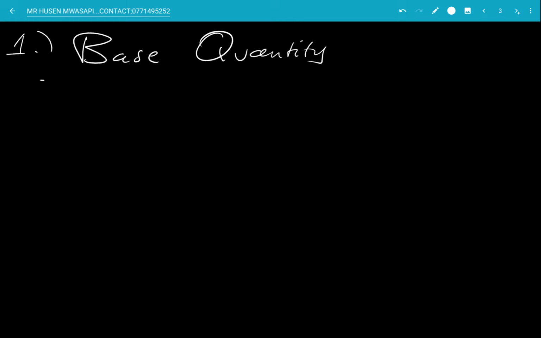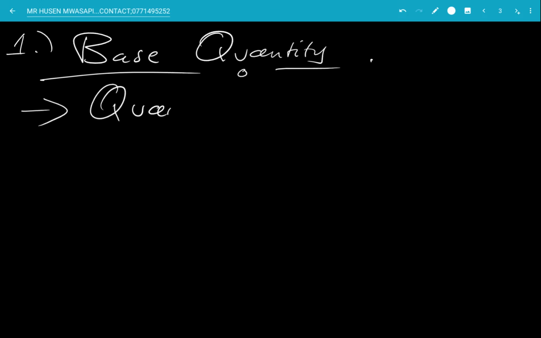So, the first class or type we can look at is the base quantity. Now, a base quantity, in simplicity, we could say that this is a quantity made up of what? One SI unit. Quantity made up of one SI unit.